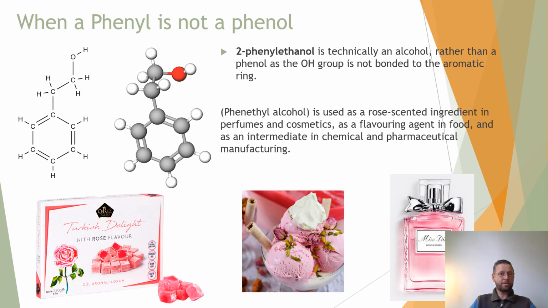Even some chemicals that do have an OH group are still not phenols if there isn't that direct attachment. Take this for example, 2-phenylethanol. You can see the ring, then a chain of carbons, and then the OH group. That makes this technically an alcohol rather than a phenol. Phenol we specifically reserve for situations where the OH is attached directly to the ring.